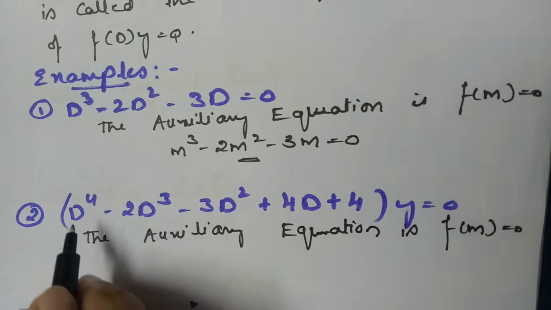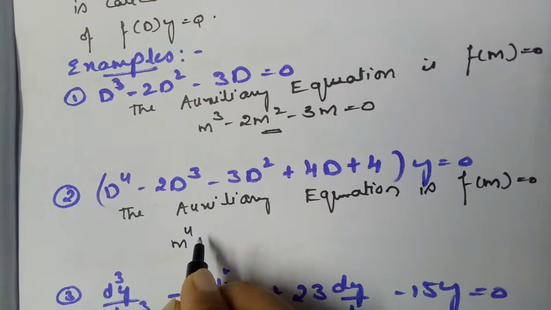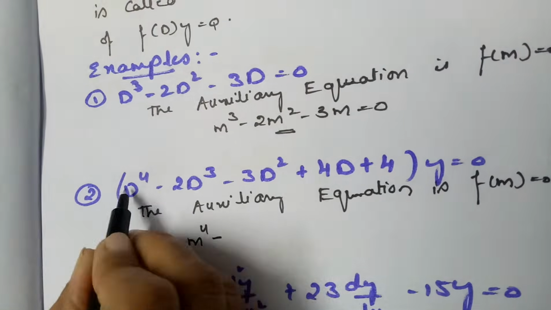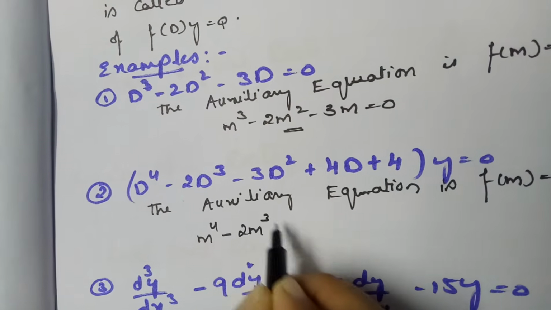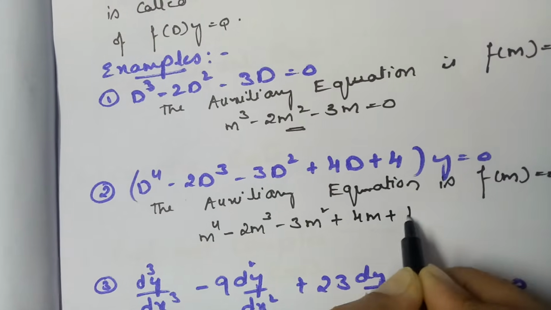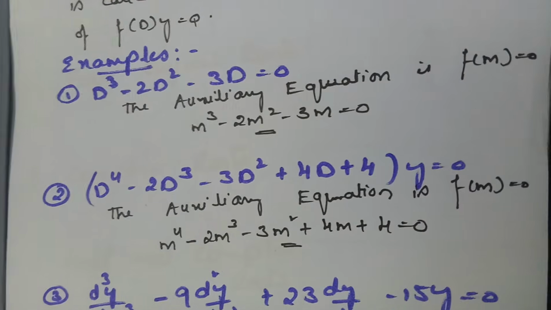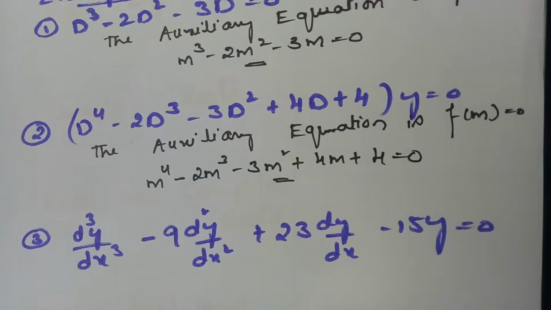Instead of D we have to replace m. So that is f of m equal to 0: m power 4 minus 2m cube minus 3m square plus 4m plus 4 is equal to 0. This is the auxiliary equation for the given linear differential equation of higher order.